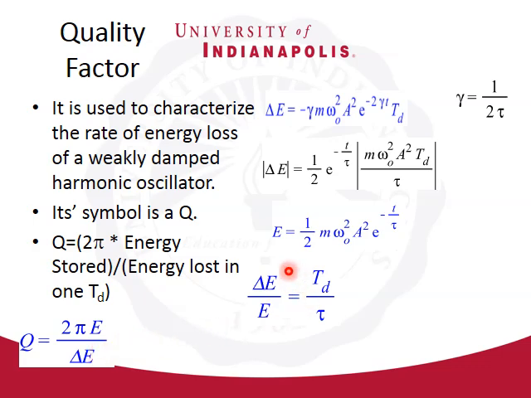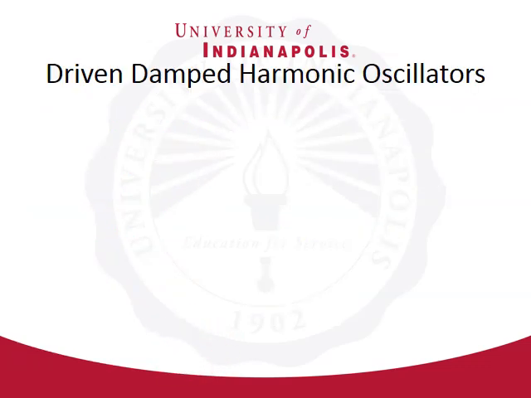And I take this substitution, plug it back in here, and I get this representation for Q, or the quality factor. And then plugging in some definitions for the damped period and what tau is, you can represent Q in these terms. And that's the quality factor.